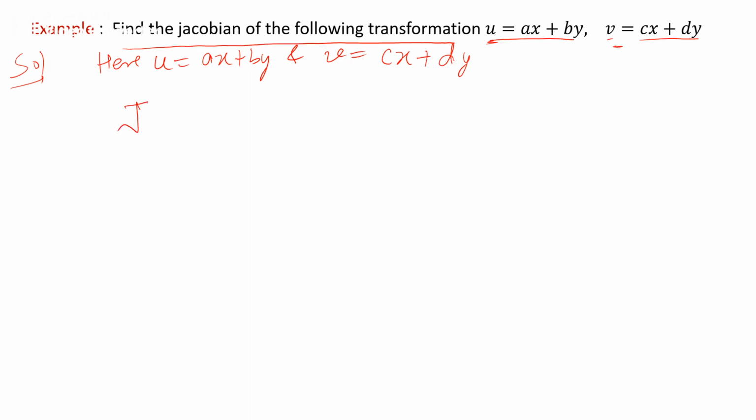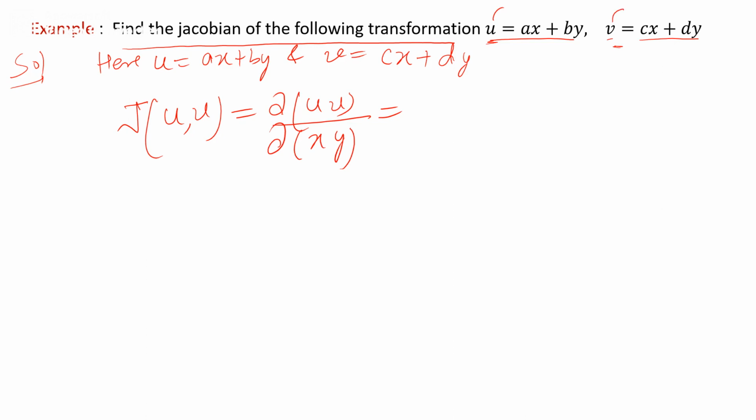We have to find J of u, v, meaning the partial of u, v with respect to x, y. Here u and v are functions of x and y, and x and y are independent variables. So we write the determinant: del u with respect to x, del u with respect to y, del v with respect to x, del v with respect to y.